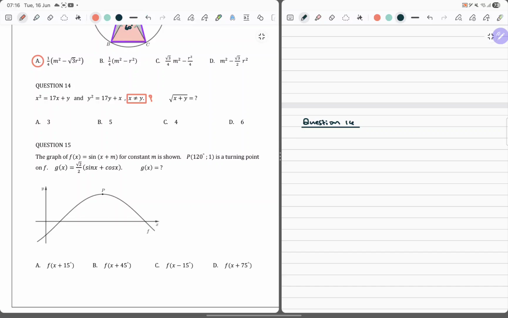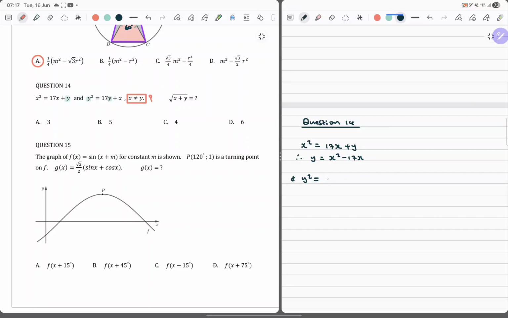So the immediate thing that comes to mind is simultaneous equations, because we've got y here and y also in this one and that one. So how about we write these and say x squared is equal to 17x plus y. If we isolate y, we're going to say y is going to be x squared minus 17x.